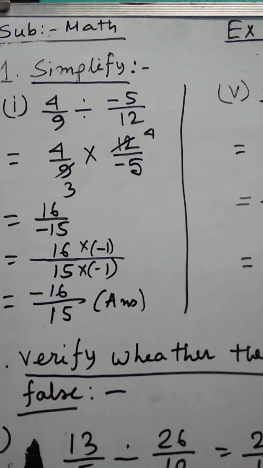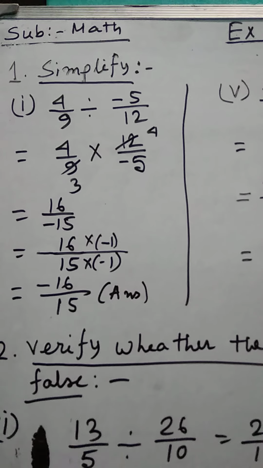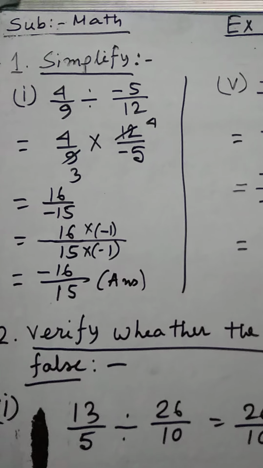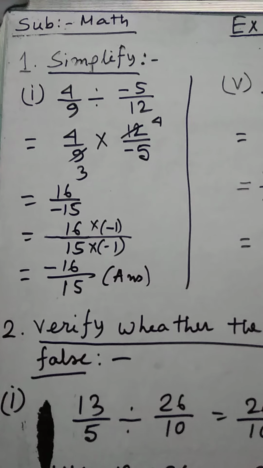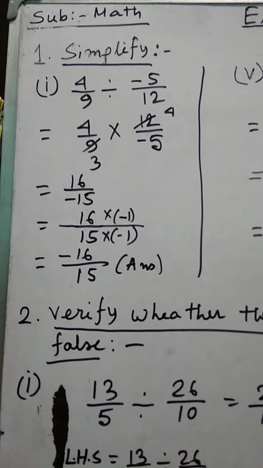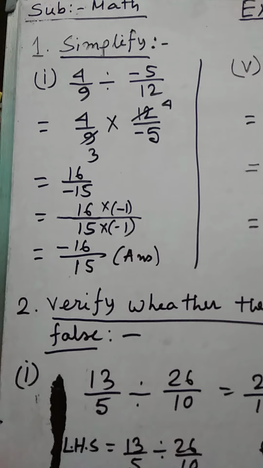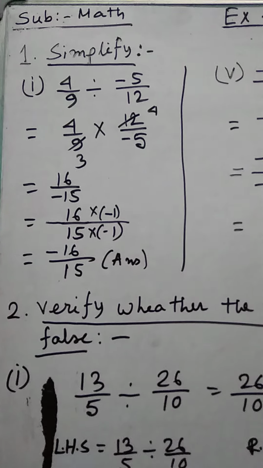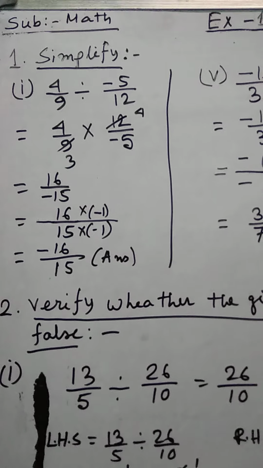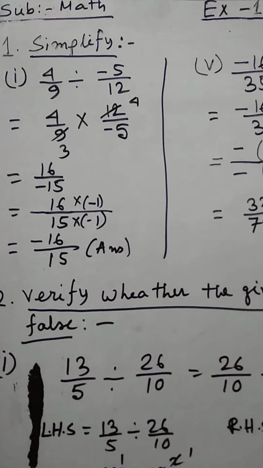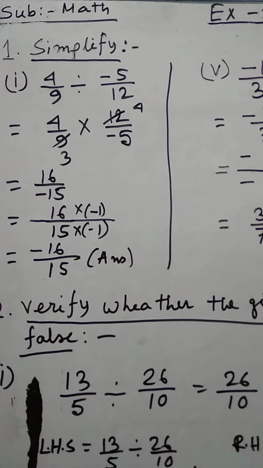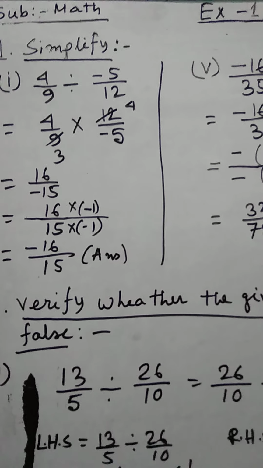You know, when we are going to divide a rational number by another rational number, instead of the division sign, we will put a multiplication sign, and for the second number, that is the divisor, we have to put the reciprocal of the divisor.